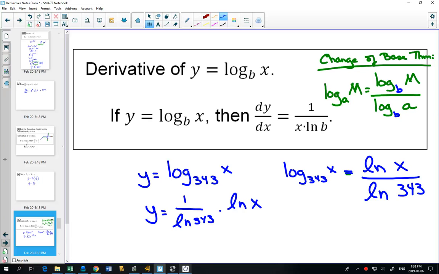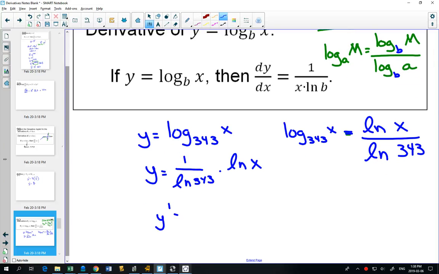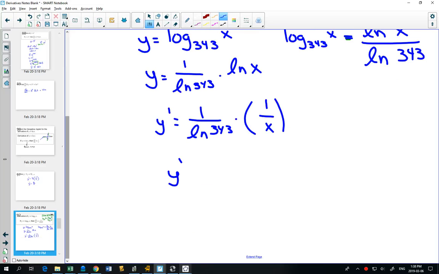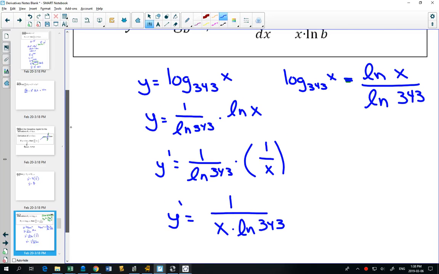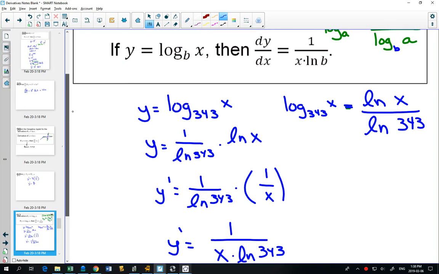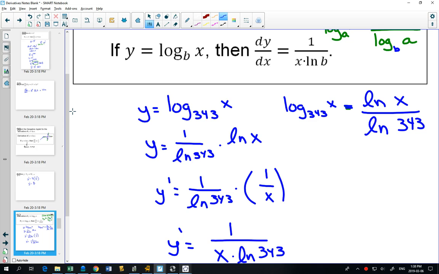So now if we wanted to do the derivative of this, well, the 1 over the natural log of 343 would stay, because it's just a number, and the derivative of natural log of x is 1 over x. So my answer is 1 over x times the natural log of 343. Can you see how that matches up with the new formula?